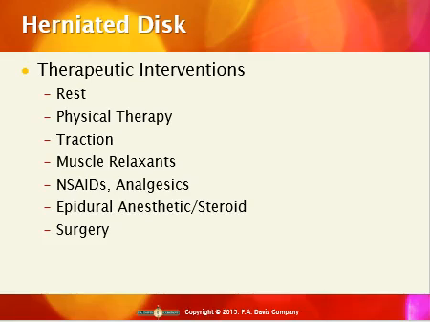NSAIDs are used in reducing the inflammation at the nerve root. Several NSAIDs are available, and it may take trying several to find one that will work the best. Epidural anesthetics or steroid injections may be used if the other, more conservative treatment doesn't work.